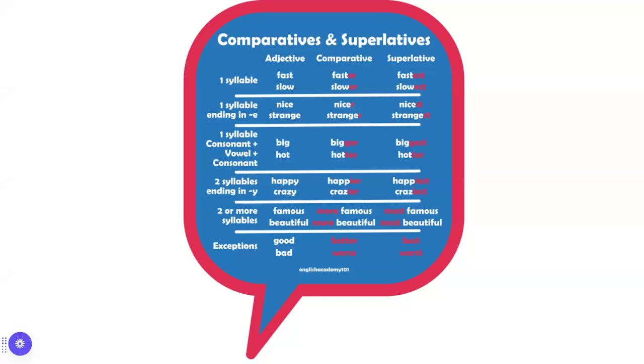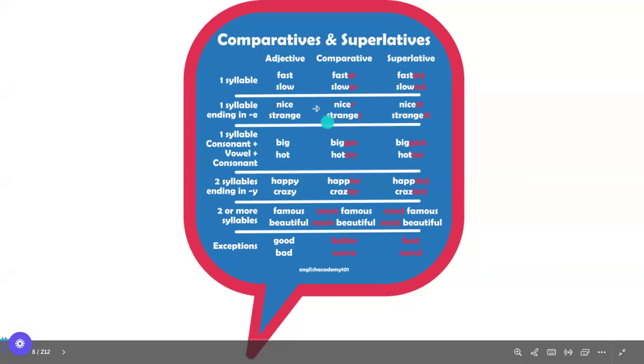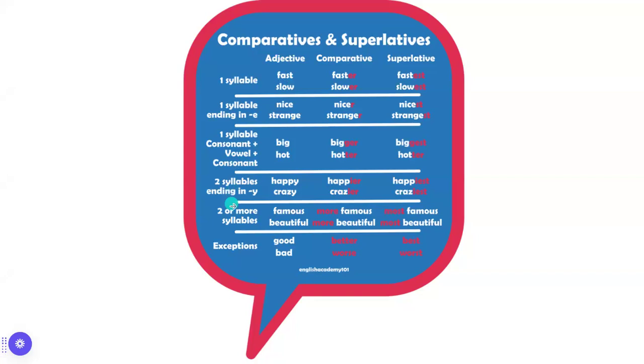First, we need to take into account if the adjective is short or long. That is, if it has one syllable or two syllables or more. Okay. Now, if it has one syllable, we add ER in the comparative form and EST for the superlative form.